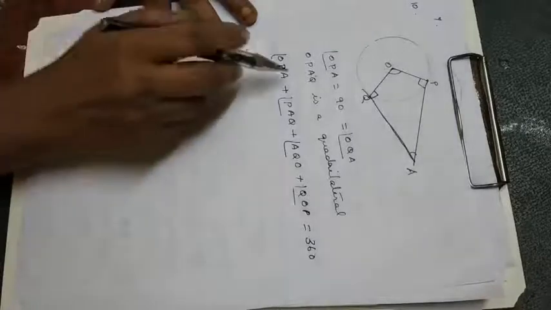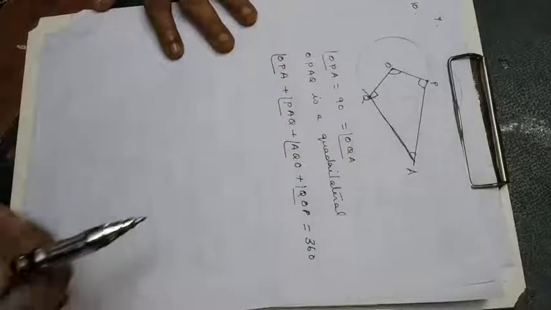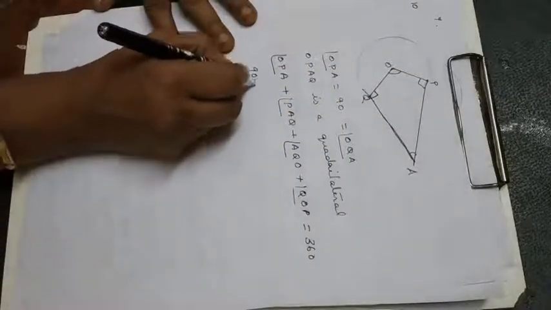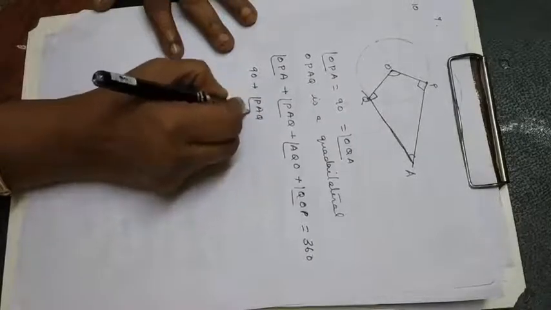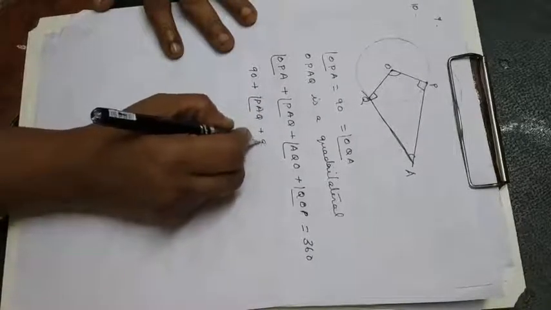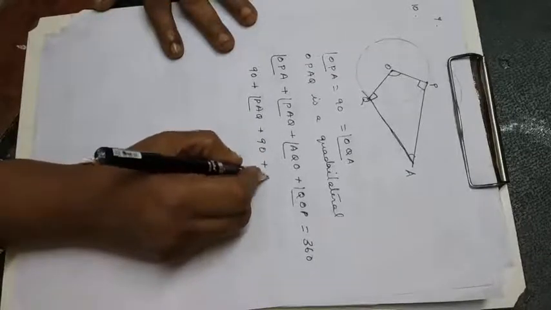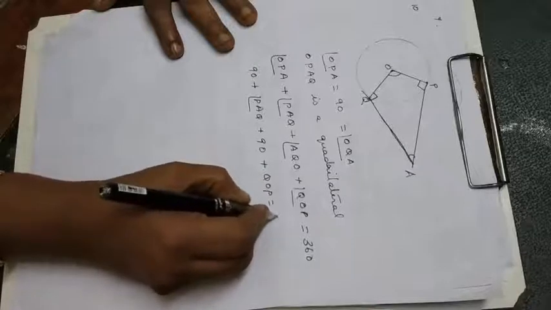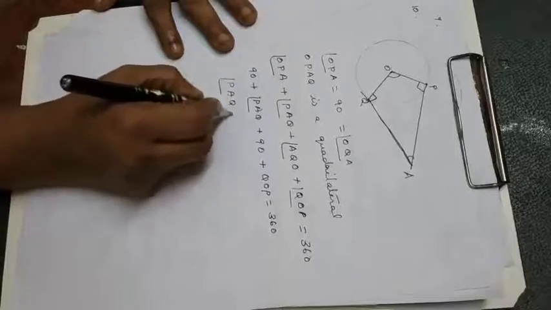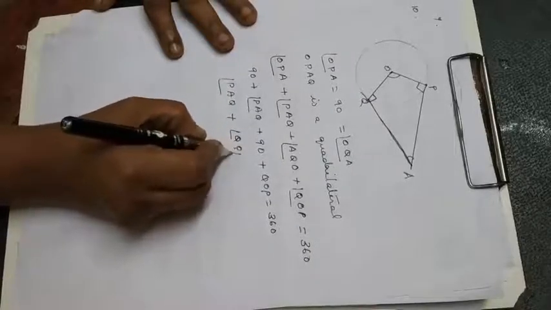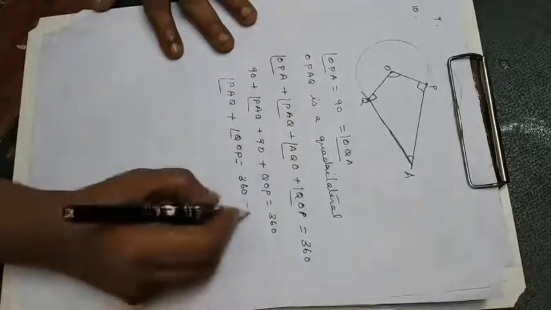360 degrees. But we know that this angle and this angle are 90 each. So 90 plus PAQ plus 90 plus QOP is equal to 360, or PAQ plus QOP is equal to 360 minus 90 plus 90, 180.